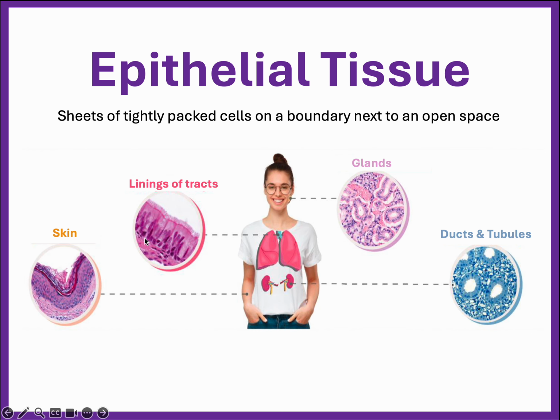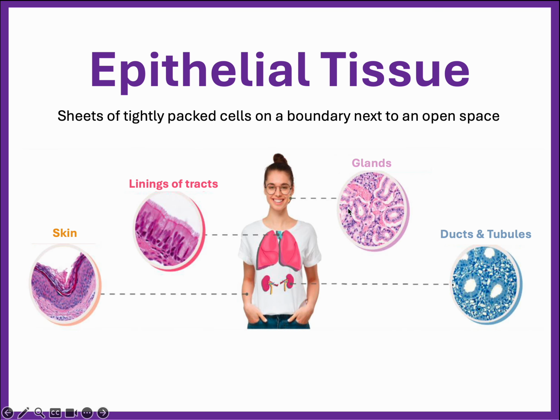Here, this is actually a layer that is lining the trachea. This over here would be the inner part of the trachea where air passes, and this would be an epithelial lining that lines the trachea.